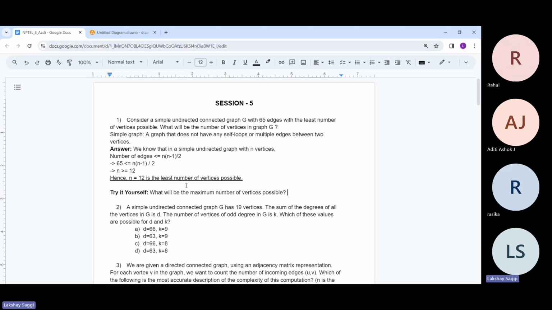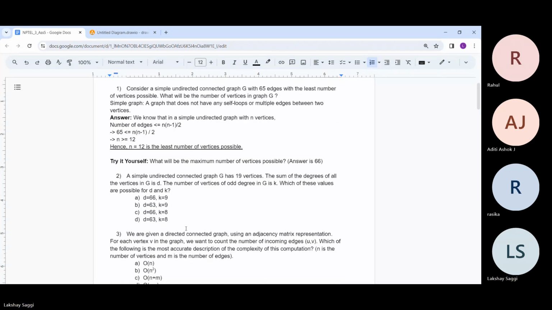The answer is what Rahul just said, 66. This will also be an interesting exercise. I hope this is clear to everyone, so maybe we can move on to the next question.